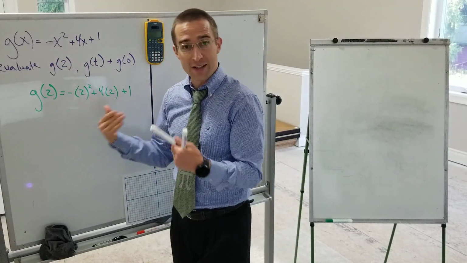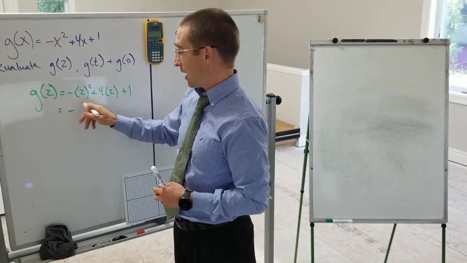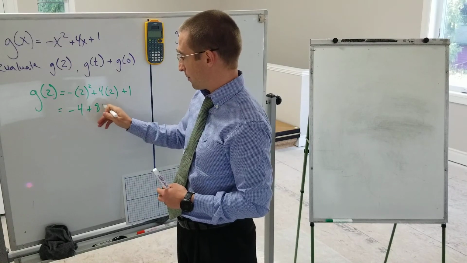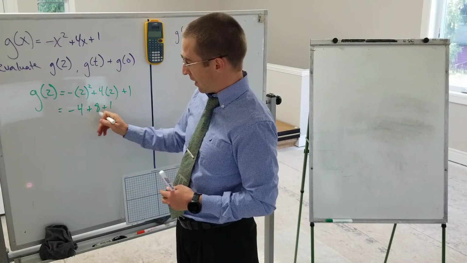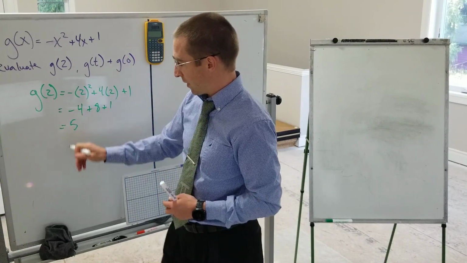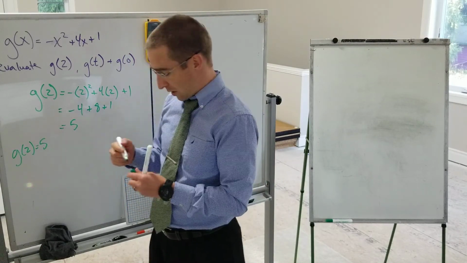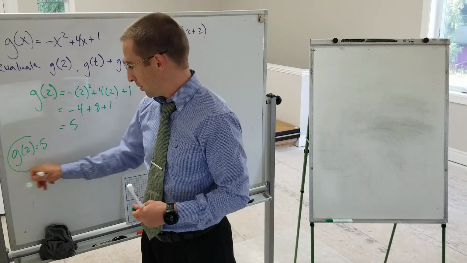So let's simplify this. Negative 2 squared is 4, so we have negative 4, plus 2 times 4 is 8, plus 1. So here it's 9 minus 4 equals 5. So we would say g of 2 equals 5. Boom.